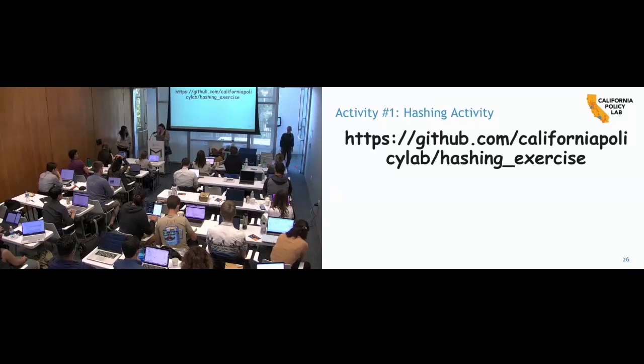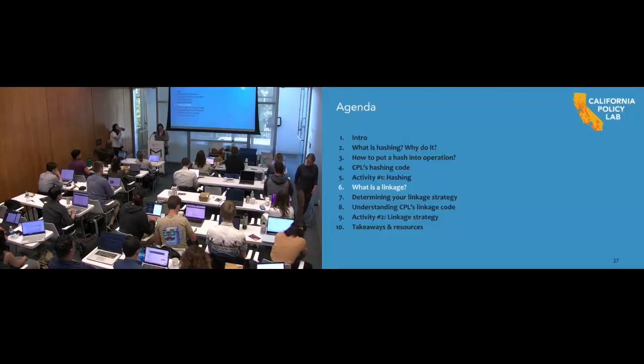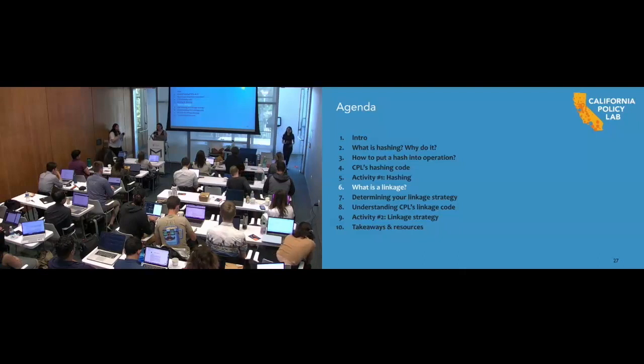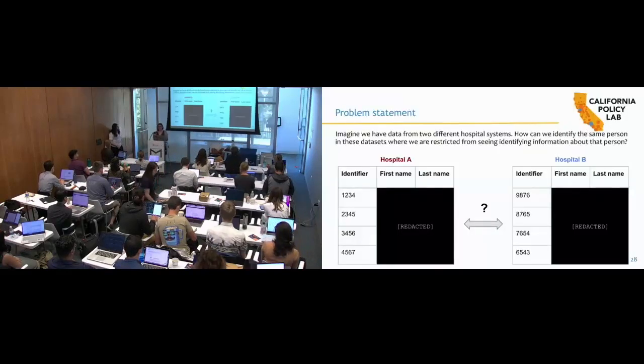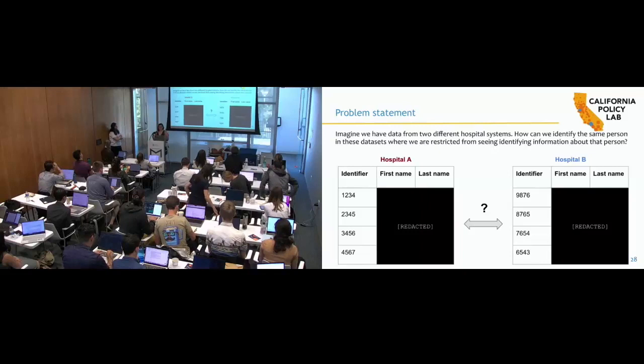Yes, and that is an excellent point. Now we've gone over hashing and all of the various challenges that can come with that, and we'll dive into what we mean by linkage and how we actually link data after it's been hashed. Fundamentally, the problem we're trying to solve is how to identify who is the same person across administrative data sets.